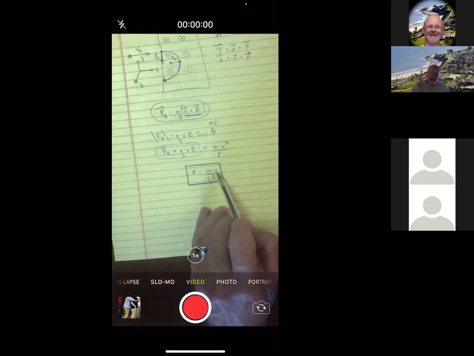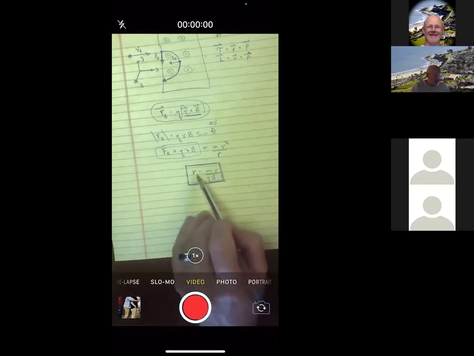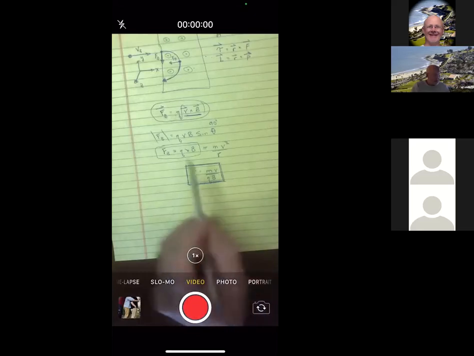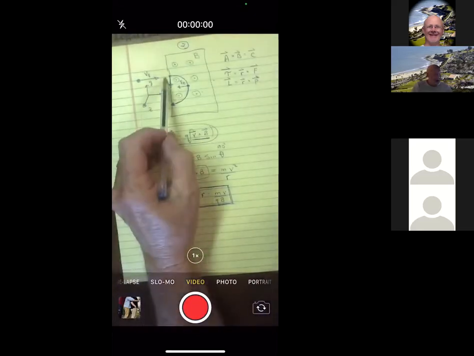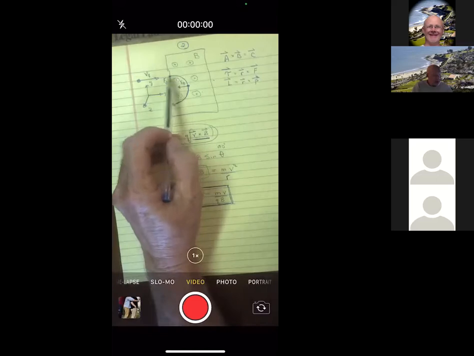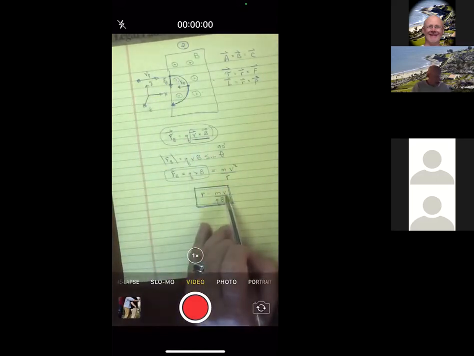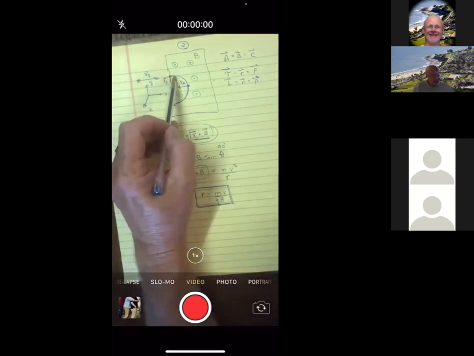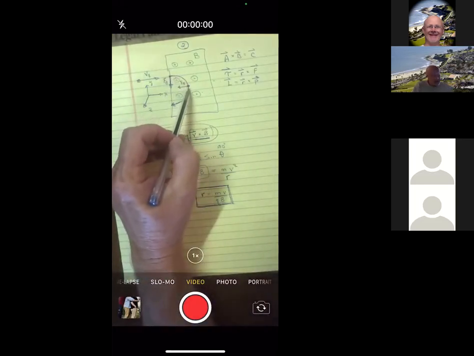It always keeps the same speed, and because of that, it will always keep the same radius. So as the proton enters, it will turn. And because the speed never changes, the mass of the proton never changes, the charge of the proton never changes, and the magnetic field never changes, all of these give you the same radius. So this thing would turn always having the same radius.